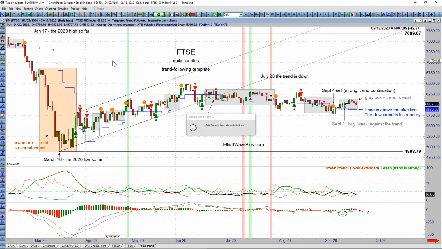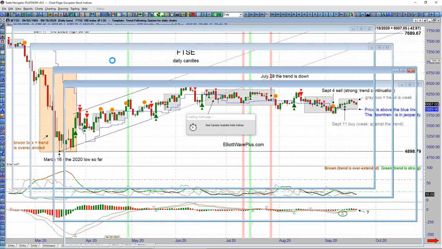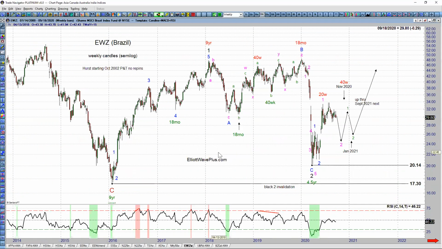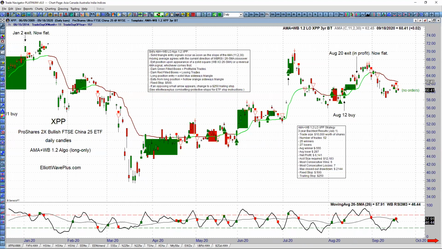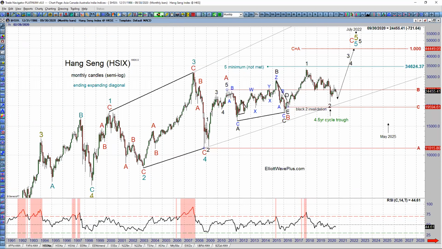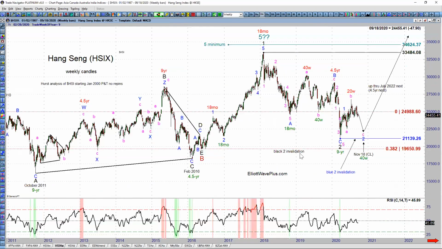Now moving on to Asia, Canadian, Australian stock markets. Let's see here. The China ETFs have just kind of been basing and moving sideways, and that's really what I've been calling for, a basing pattern in the Elliott Wave being a 1, 2, and maybe an expanded flat for wave 2.